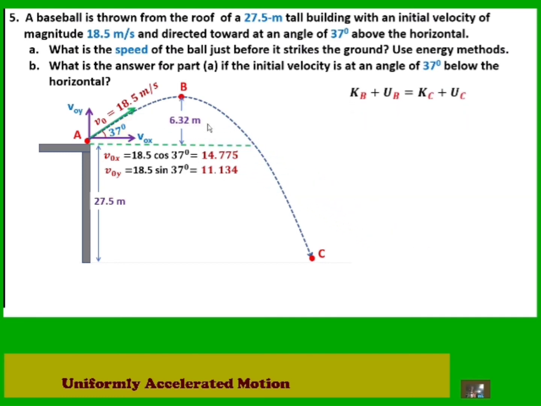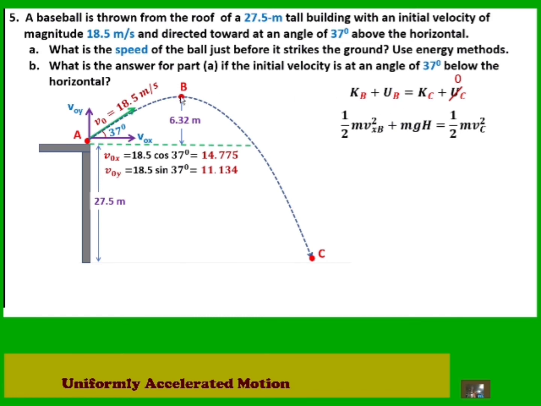Considering the motion of the ball from point B to point C, at point C, its potential energy is 0 since we consider the ground as the reference level. At point B, its kinetic energy is 1/2 mv sub x squared.